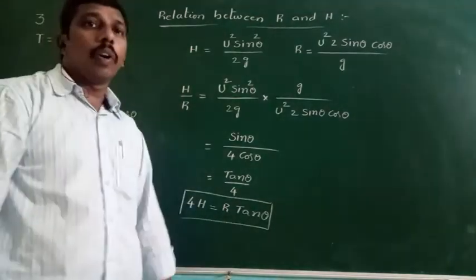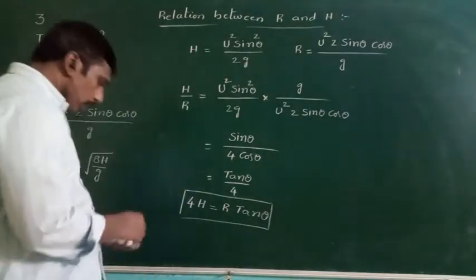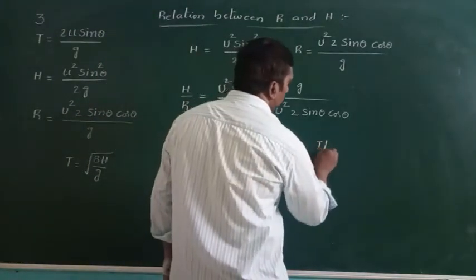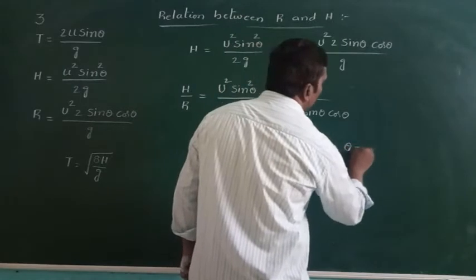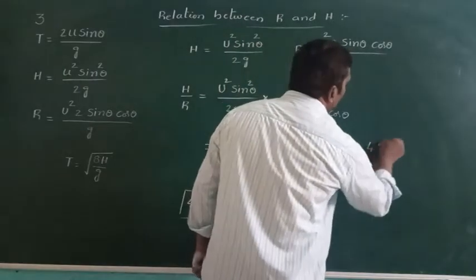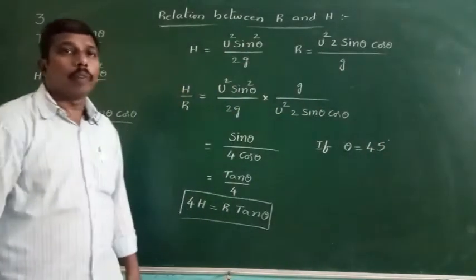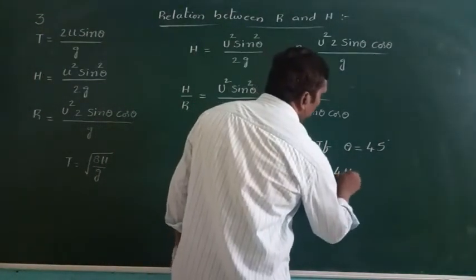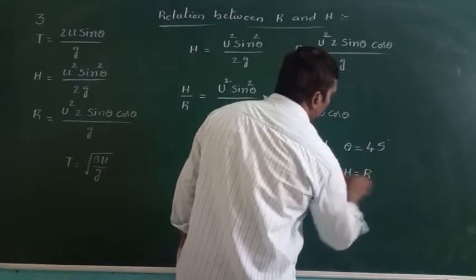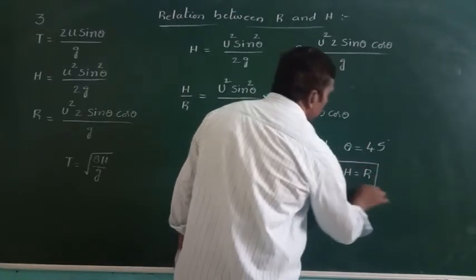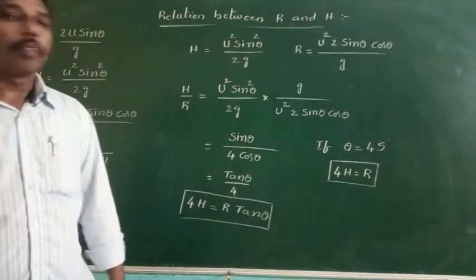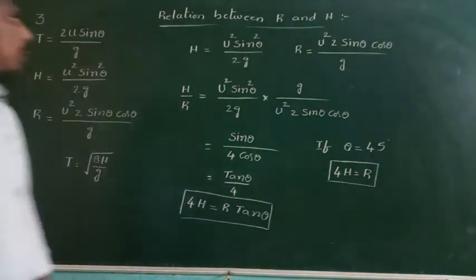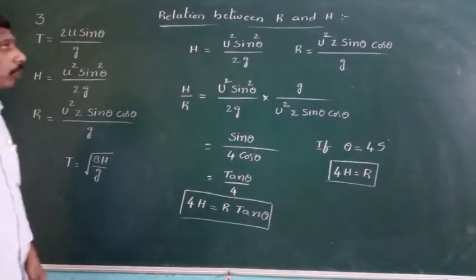Suppose theta is equal to 45 degrees. Then tan 45 degrees is equal to 1, so it becomes 4h is equal to R. The range is equal to 4 times the maximum height. From this equation we can derive this relation between maximum height and range.